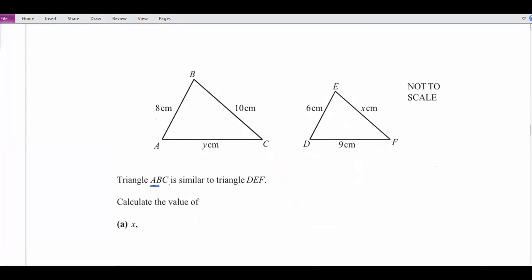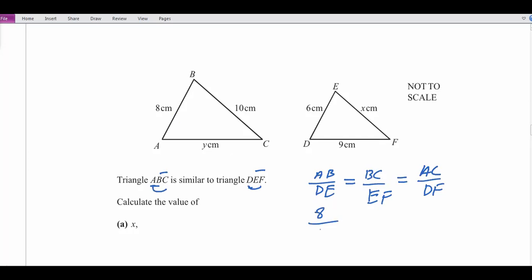AB will be corresponding to DE, so write AB over DE equal to, now BC is corresponding to EF, so write BC over EF, equal to AC, which will be corresponding to DF. So AC over DF.